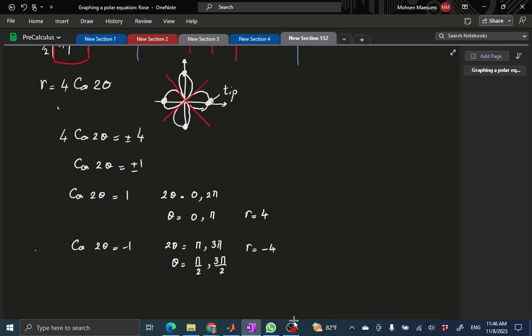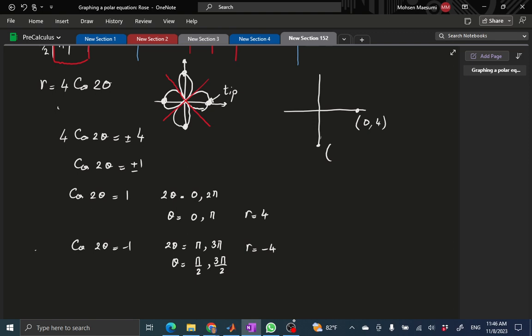When theta is 0, I'm at this location. I am at theta equal to 0 and the radius 4. And then I go until theta becomes pi over 2, but my radius becomes minus 4.